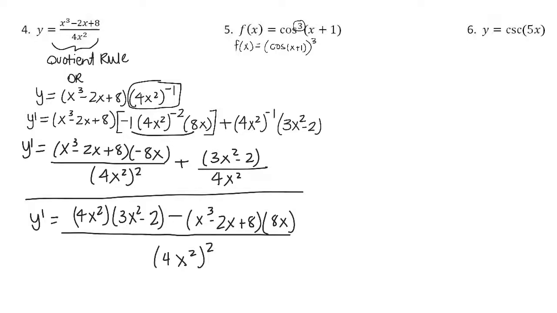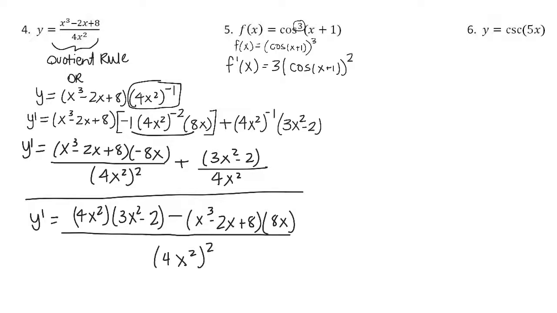What's the first thing? Move the 3 and multiply, subtract the 1. There you go. So you're going to have 3 times cosine of x plus 1, all raised to the second. That's your chain rule. You've got to address that power rule first, right?